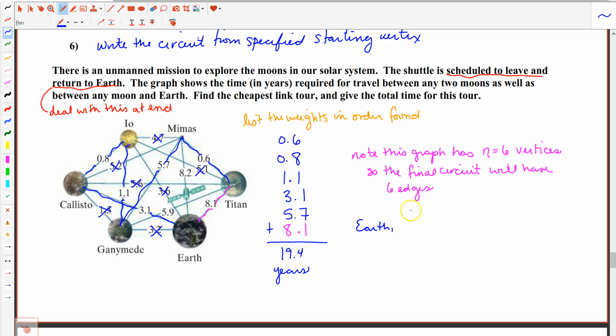So from Earth, we'll go to Callisto, then to Io, down here to Ganymede, over to Mimas, to Titan, and then finally the trek home to Earth.